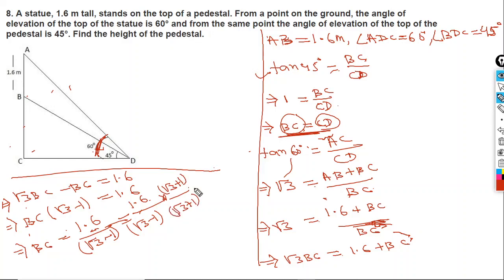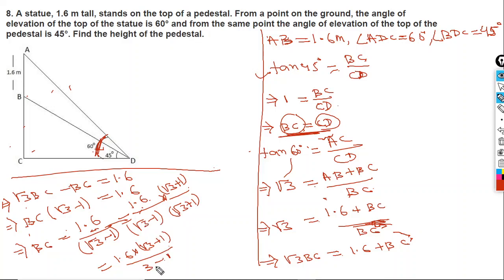So it will be equal to 1.6 into root 3 plus 1, and in the denominator it will be a minus b into a plus b, that is a square minus b square.